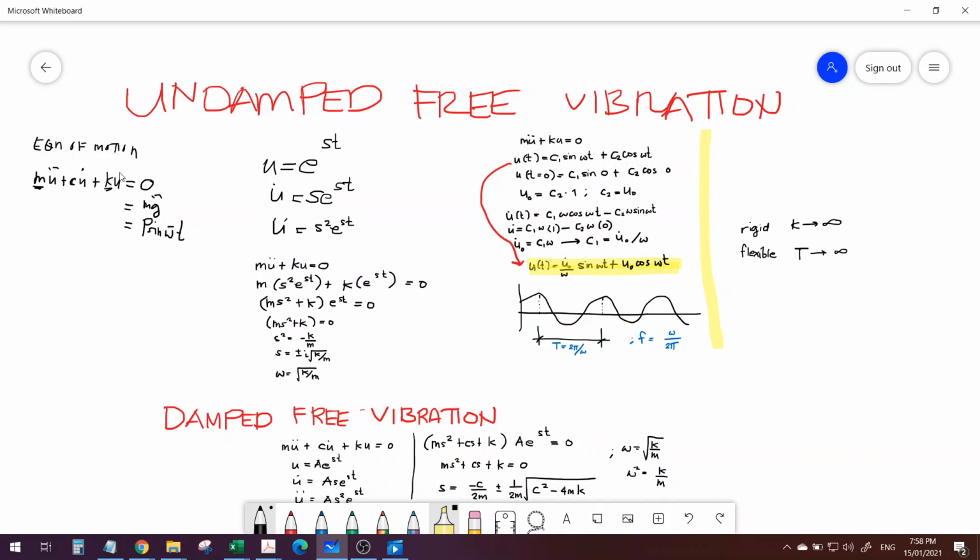You should be familiar with this ku because in the stiffness method, as you have learned in structural analysis, the general formula is P equals KU, wherein your force is equal to stiffness times the displacement.